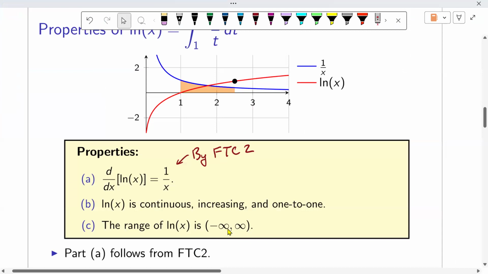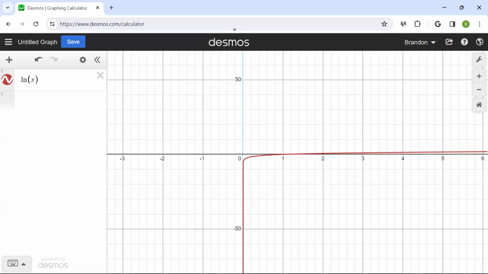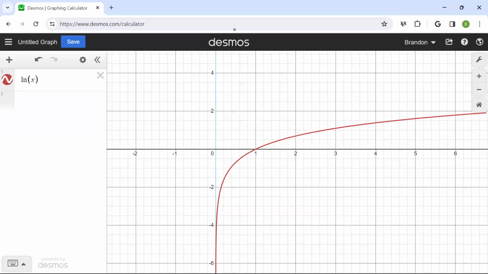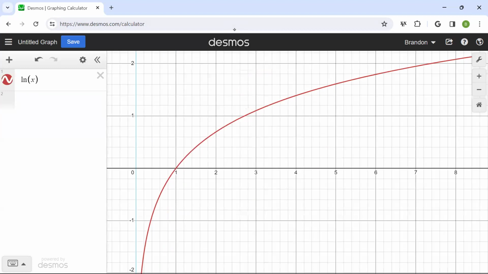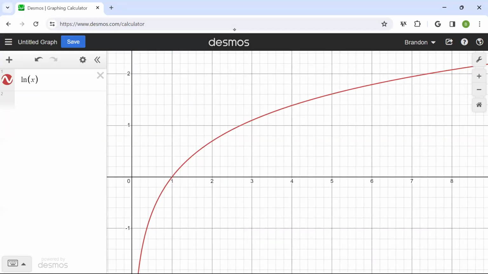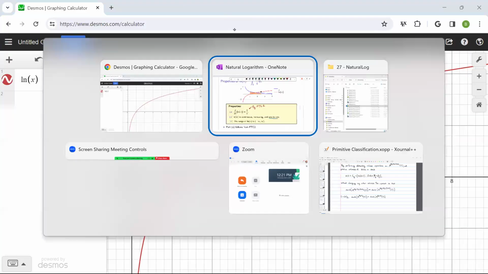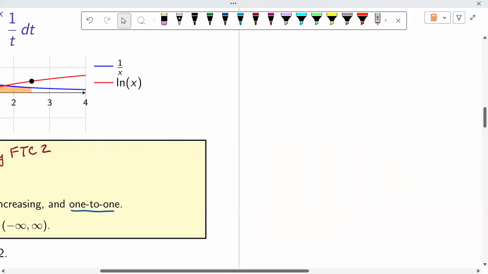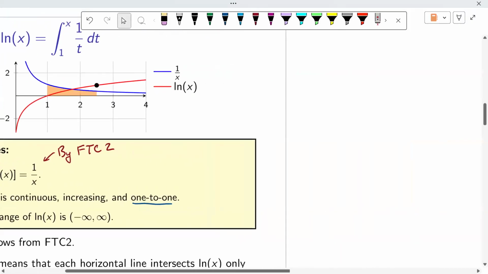And the last term I want to mention here is this term called one-to-one. This is a concept you'll encounter more in Calc 2 if you choose to take that course. But basically, at one point in calculus, you learned something called the vertical line test. Remember this idea that, let's draw a picture. I just realized I couldn't draw on Desmos.